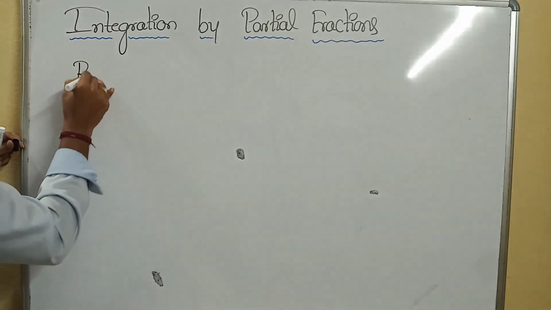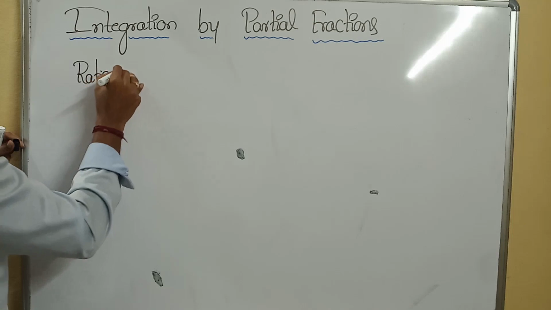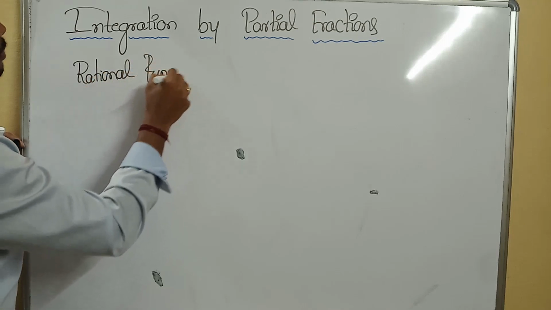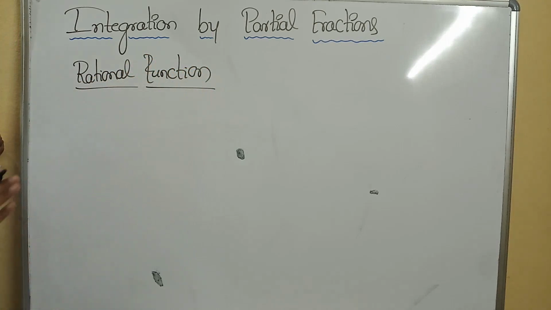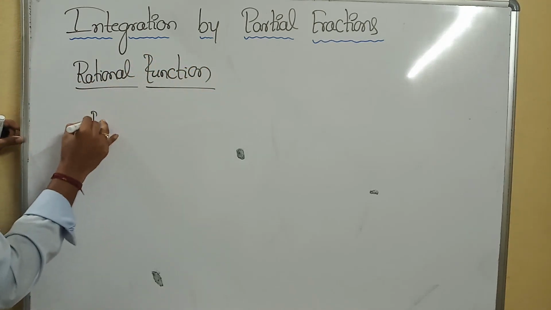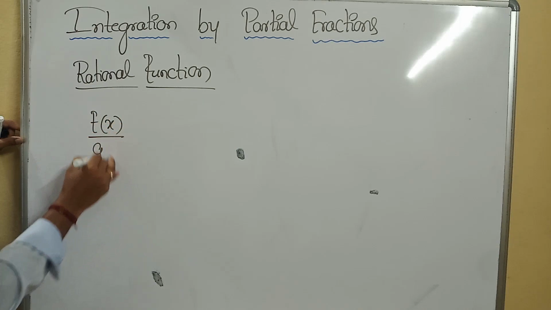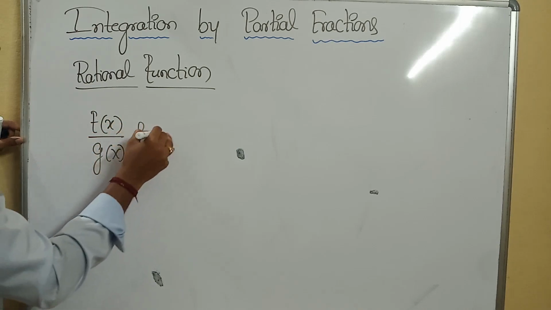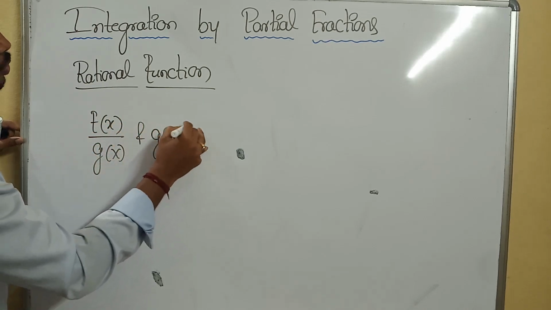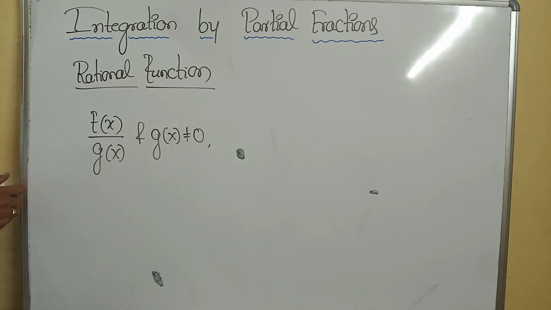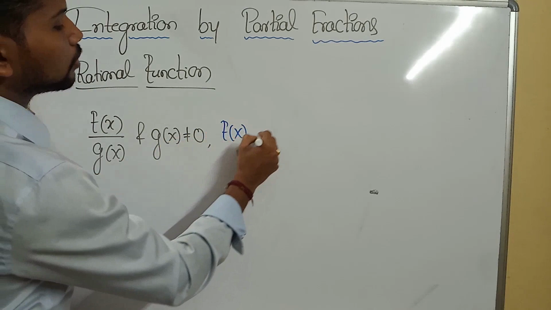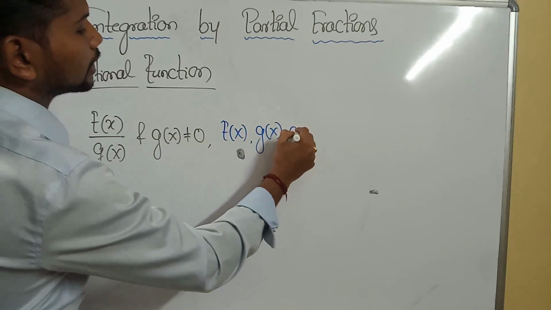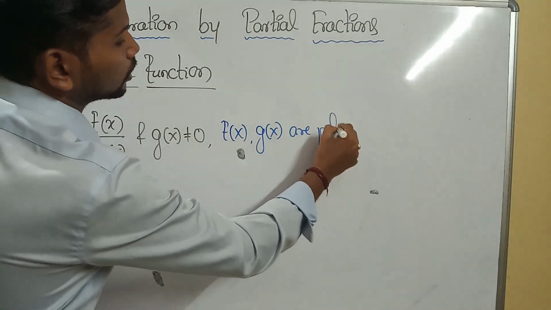What is the meaning of rational function? In a simple way I'd like to explain. The function which is in the form of f of x divided by g of x, and g of x not equal to 0, where f of x and g of x are polynomial functions.